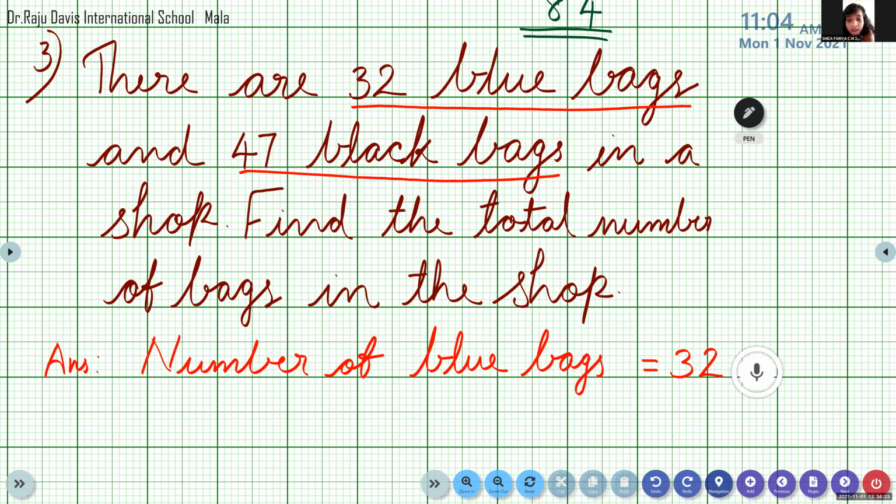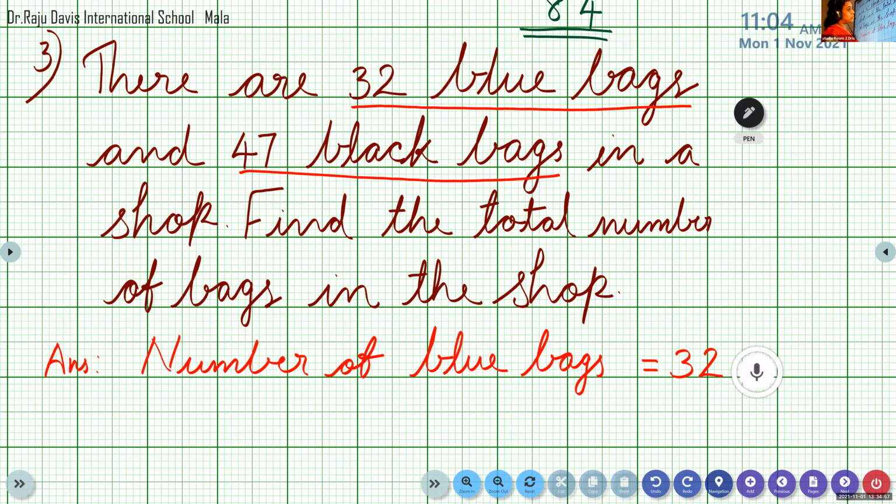47 black bags in a shop. Please write the first step, everyone. Fardeen, finish.